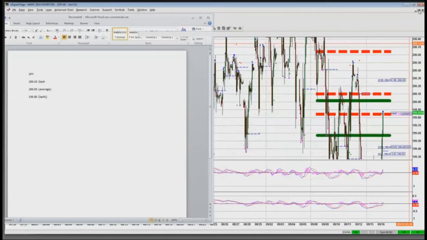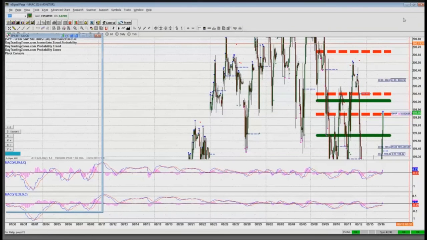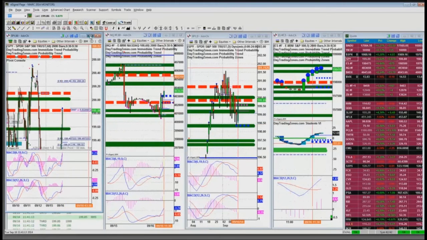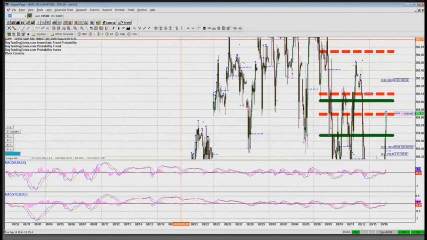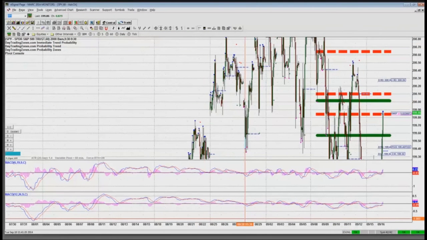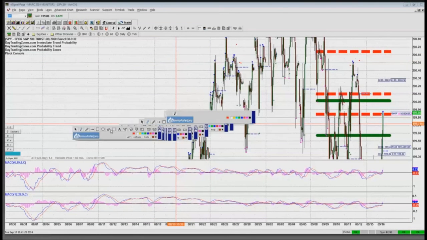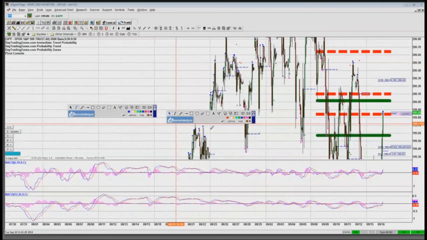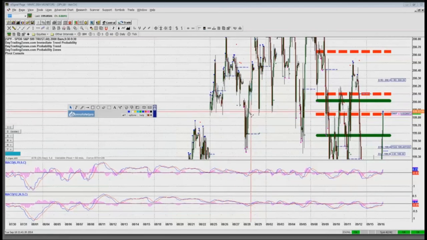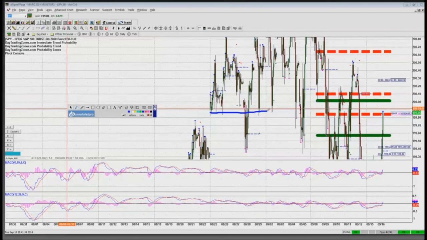Look, pinpoint this entire trend here. Right there. Low here, low here, low here, low here.